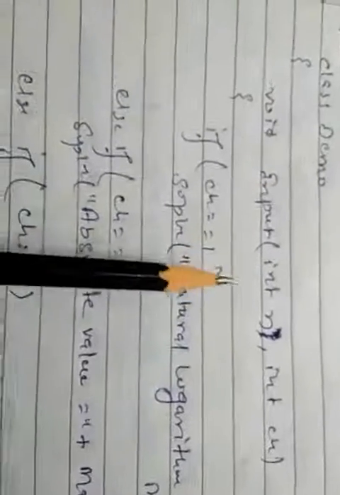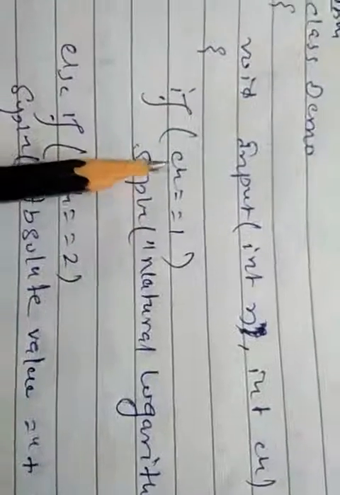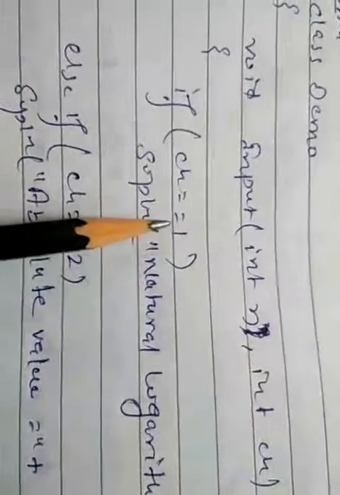So here we are inputting our number and our choice. If the choice is equal to 1, then we want to find the natural logarithm. So there will be the function Math.log. So natural logarithm is Math.log of n.